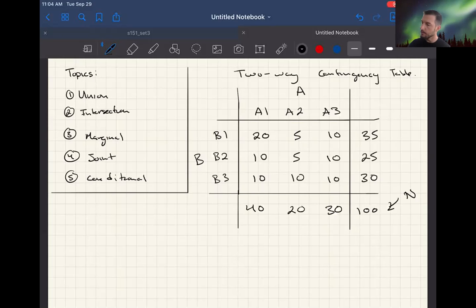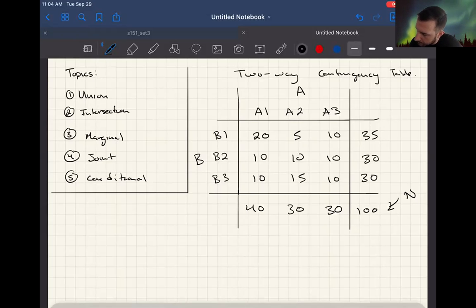Let's make this a 10, and let's make this a 15. Okay, so this is a 30, and then this is a 30. Okay, there we go.